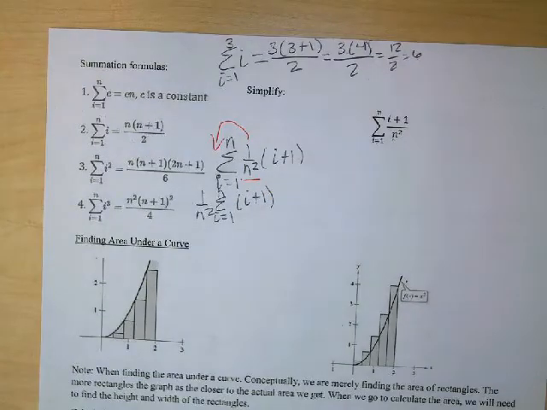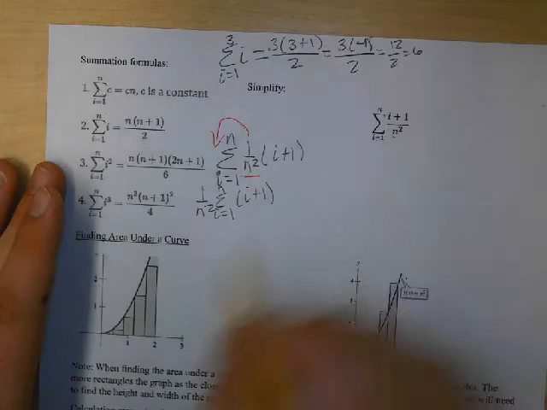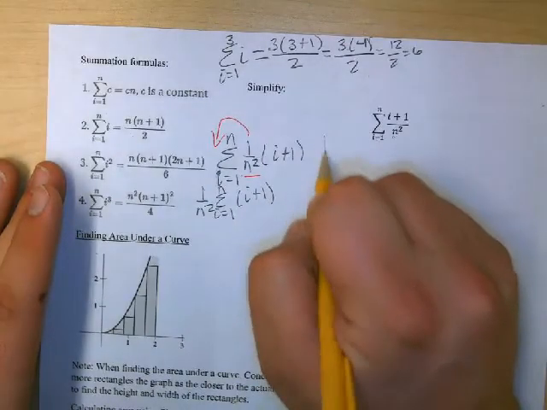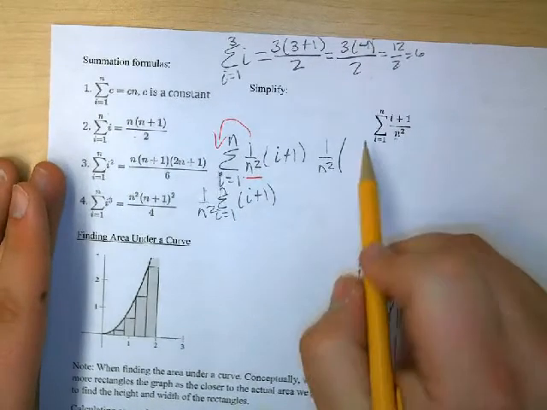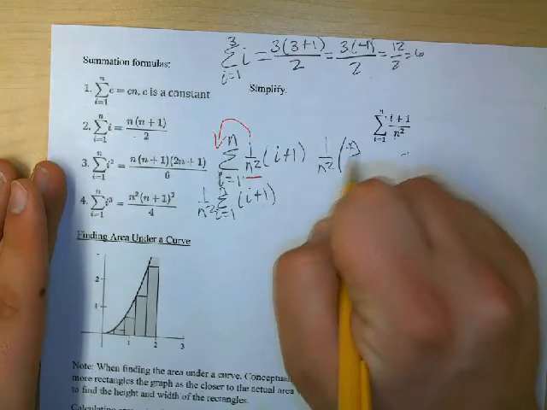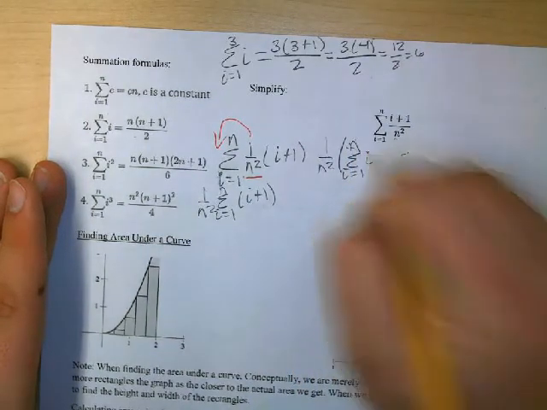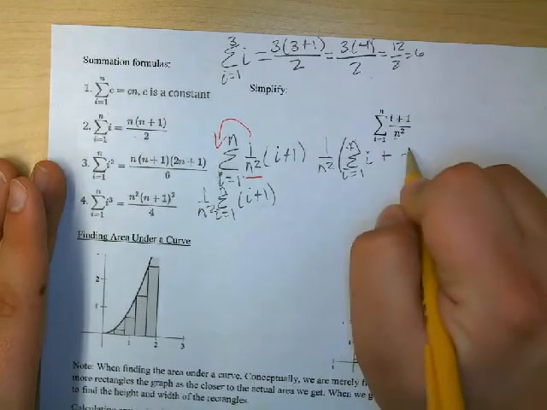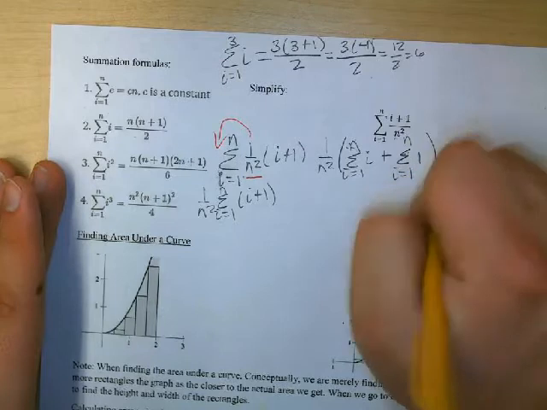Does anyone remember a property from the front page that lets me do that? Yeah, I can split them, right? When I do that, I have to remember this 1 over n squared. I have to put parentheses there, and then I can put my two summations: the summation from i equals 1 to n of i plus the summation from i equals 1 to n of 1.